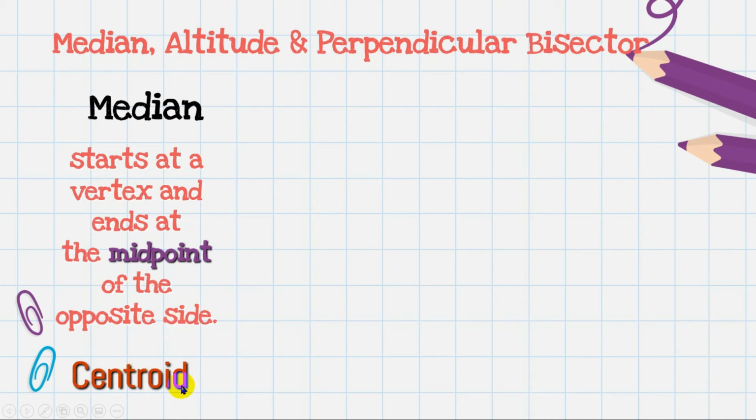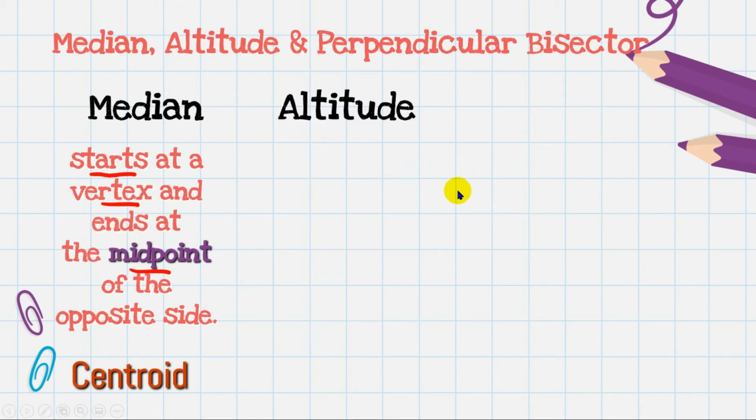At ang point of intersections ng mga medians ay tinatawag na centroid. Again, pag median po, nag-uumpisa siya sa vertex. And then, magtatapos siya sa midpoint. So, kung natatandaan ninyo kung paano pagawin ang median, mas maganda po. Or kung nakalimutan nyo na, I will link the video down below dun sa ating description box para mabalikan ninyo kung ano nga ba ang median.